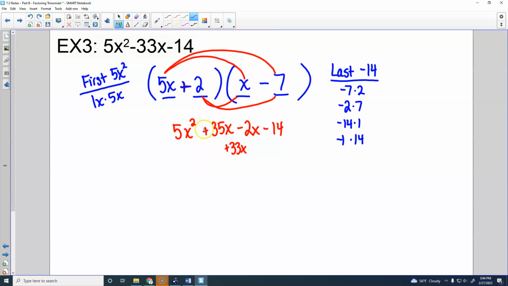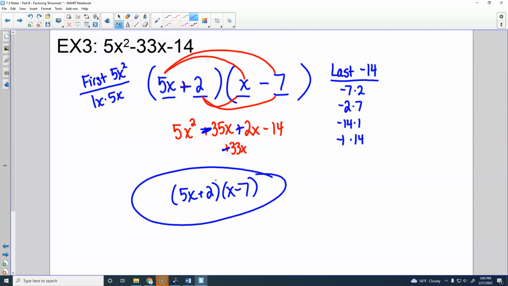That makes this a negative 35, positive, negative. Yes. So my answer for this would be 5x plus 2 times x minus 7. I love it when that happens. Sometimes you guess it exactly right, and then you feel like a genius whenever that happens.